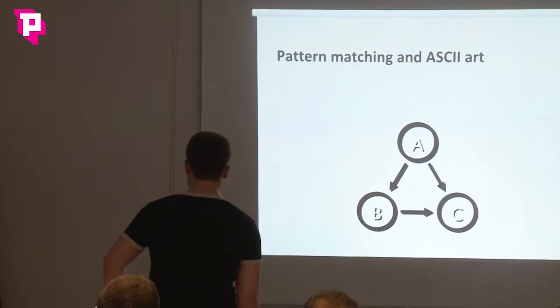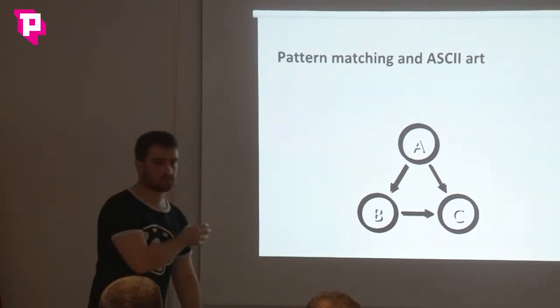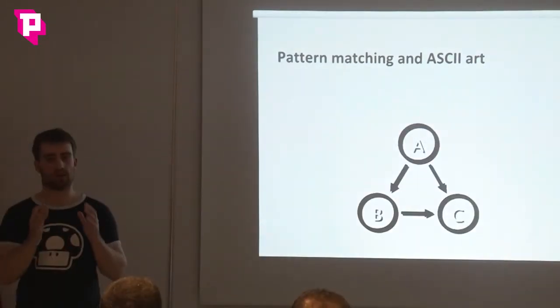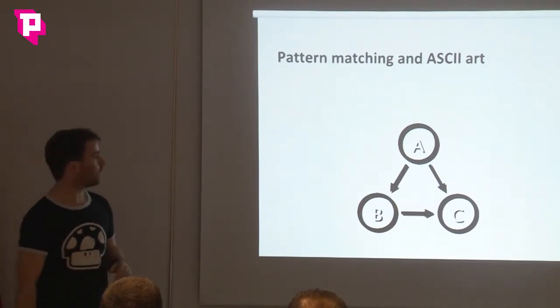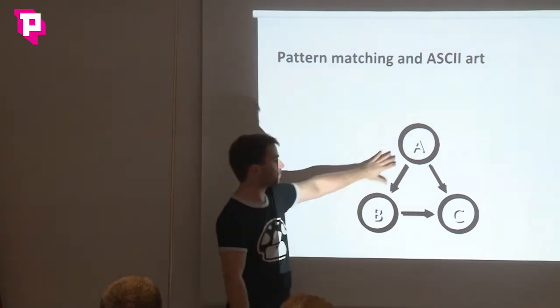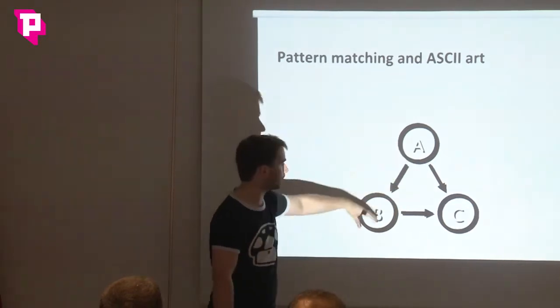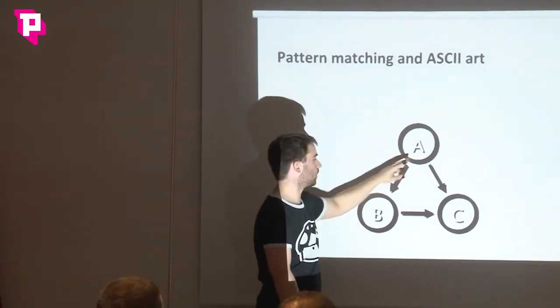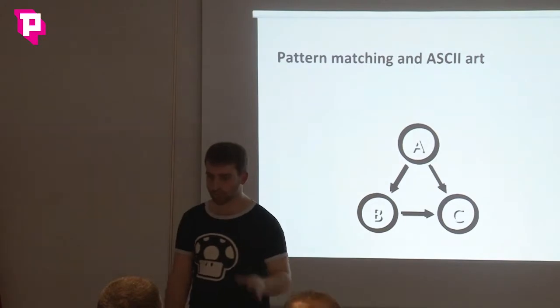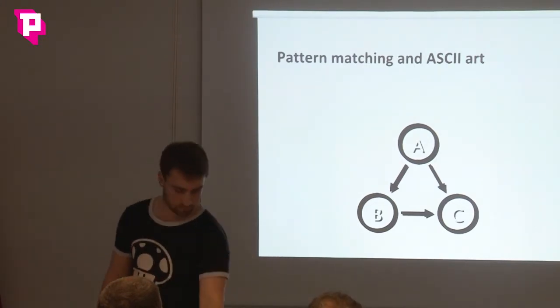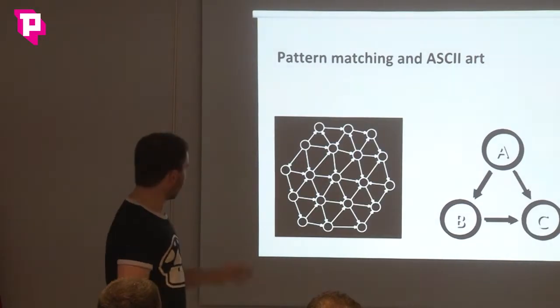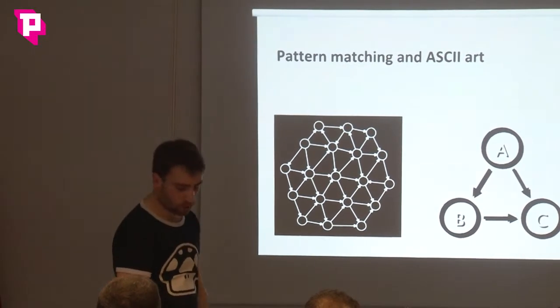As I told you, we're now in the declarative mode. So I want to describe what I want, not how I want it. Let's say I'm interested in this pattern. I have three nodes all connected to each other. A is connected to B and C, B is connected to C. This is what I want in the graph. Let's say I have this graph here. How does it work?